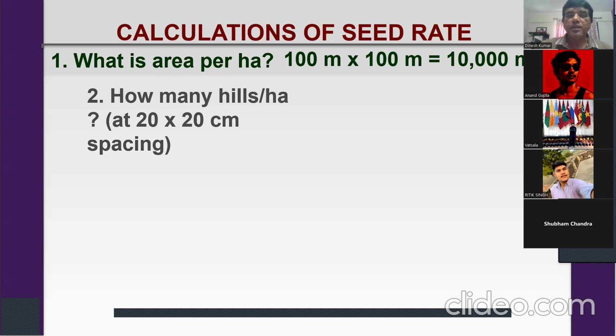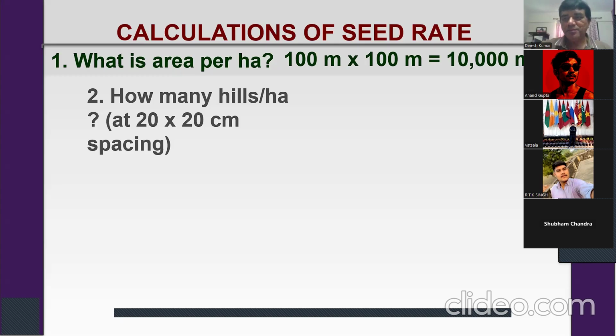Now the question comes, if we know the spacing, 20 centimeter by 20 centimeter, can we work out the number of hills? In other words, if you have a wheat crop or a maize crop, if you know the spacing within the row and between the rows, can you work out the plant population?